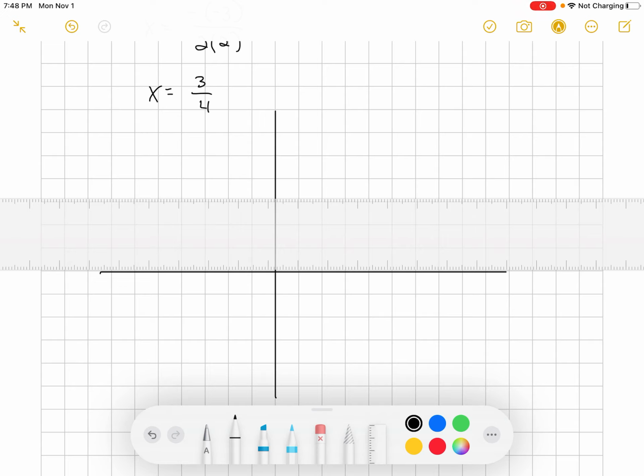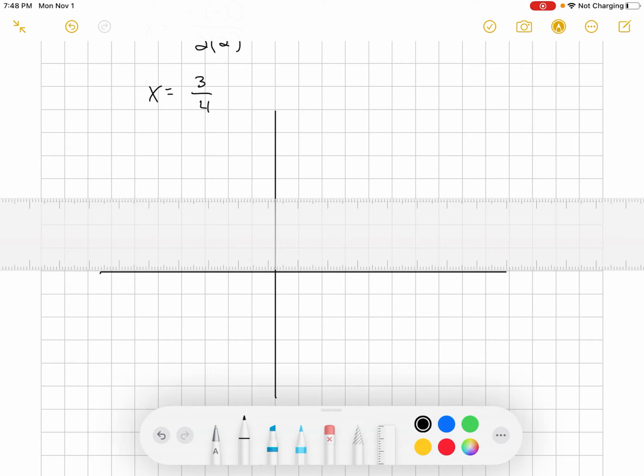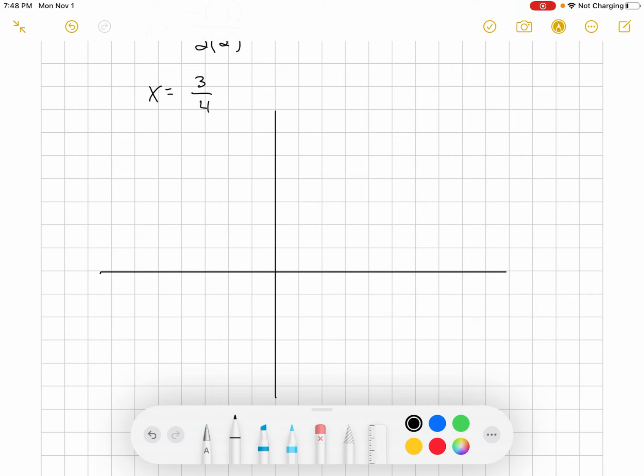So we are going to just do a dashed vertical line going right down the middle of my quadratic.